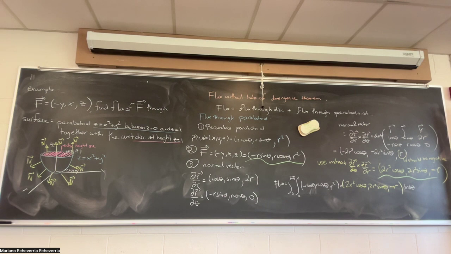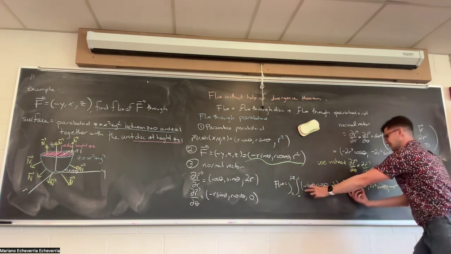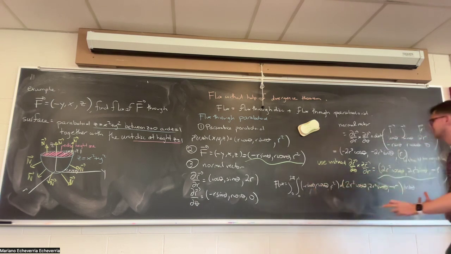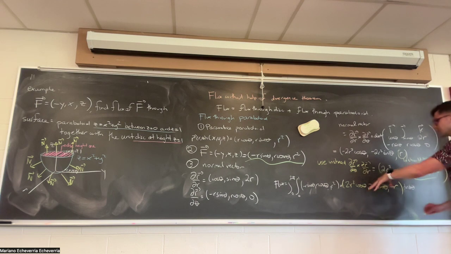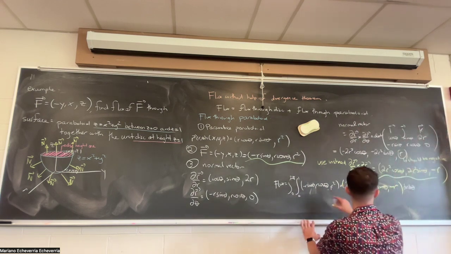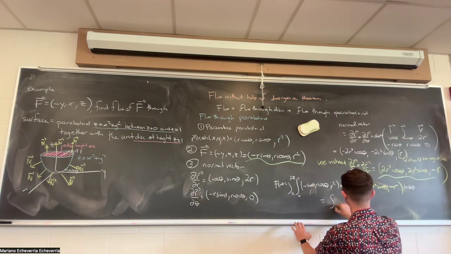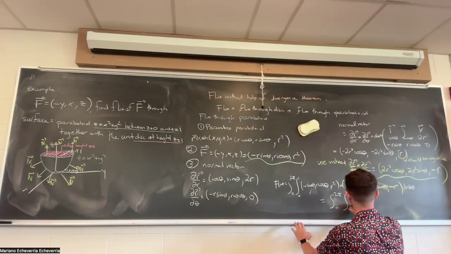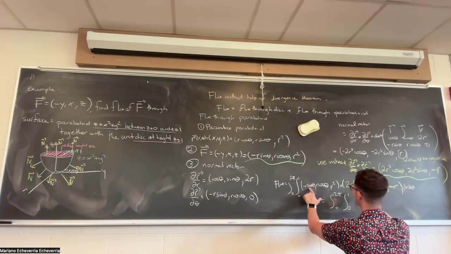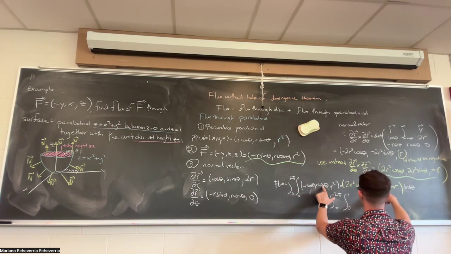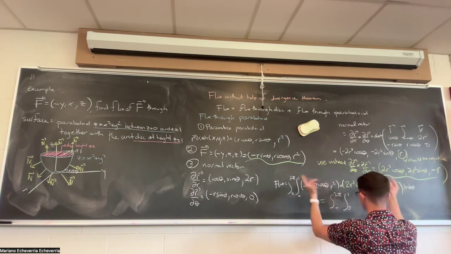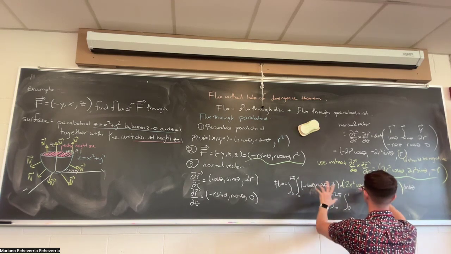Okay, so if you check the dot product, I chose it so that these two factors would cancel out. This one will have minus sine cosine and this one will have cosine plus sine cosine, so the first two factors from the dot product cancel out.